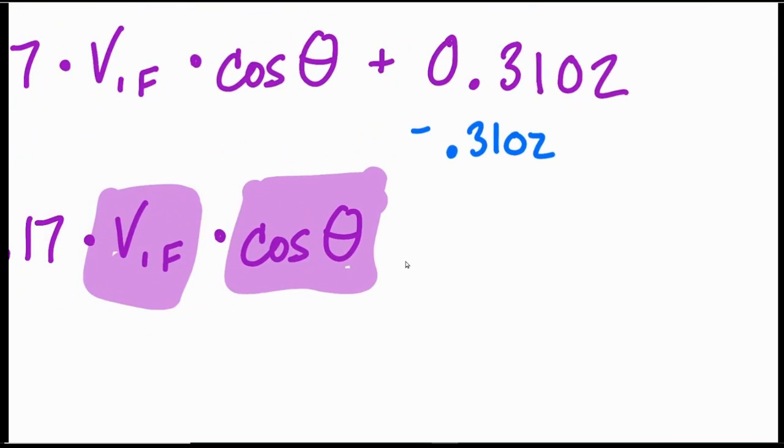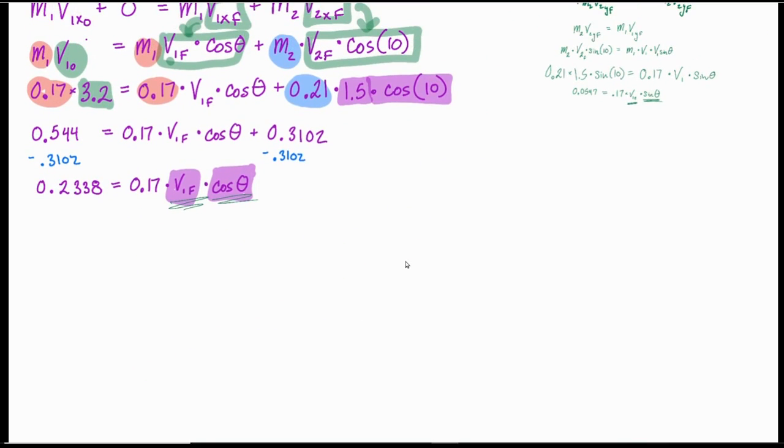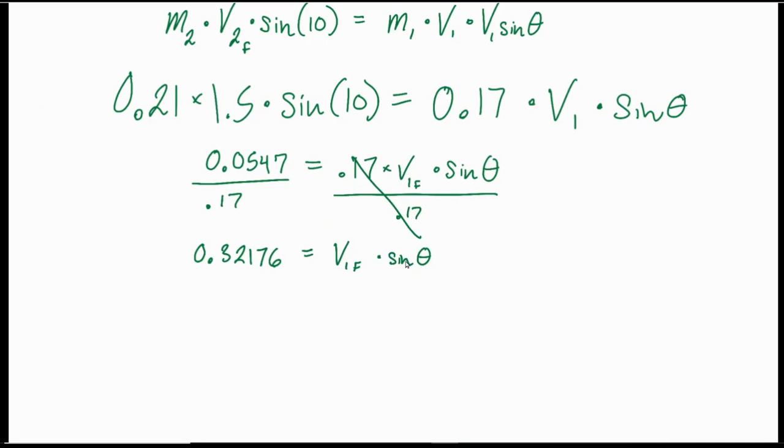But at this point, I have two equations and two unknowns, because over here I didn't know V1 final and cosine theta. So what I'm going to do is take this and solve for V1 final. I'm going to divide both sides by 0.17, and then divide both sides by sine of theta.